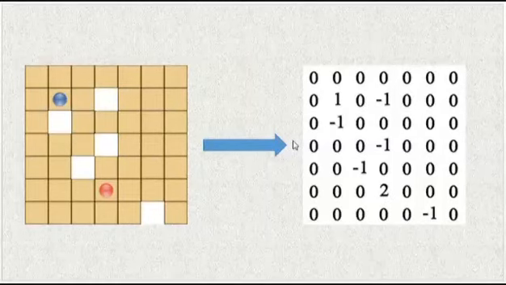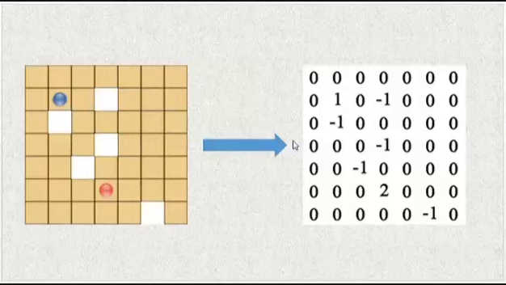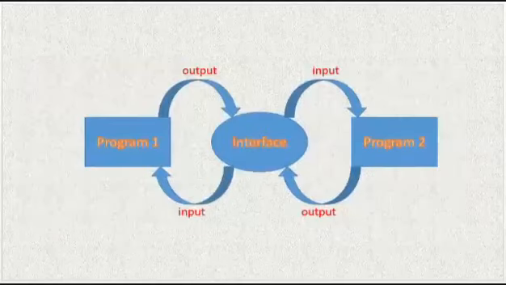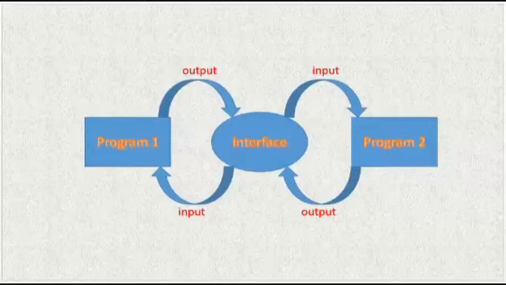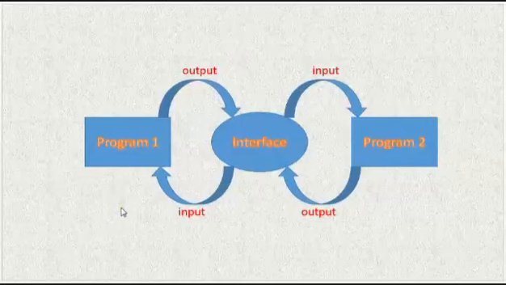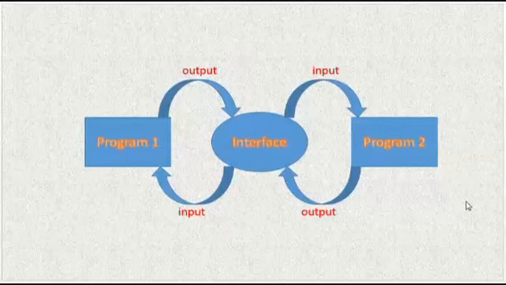Here what you will be doing is writing a simple program which deals with the 7x7 matrix, that is the 7x7 board. Let me explain clearly by showing this diagram. Let us consider that player 1 writes a program for player 1, that is program 1, and player 2 writes a program named program 2, and an interface is provided by us.